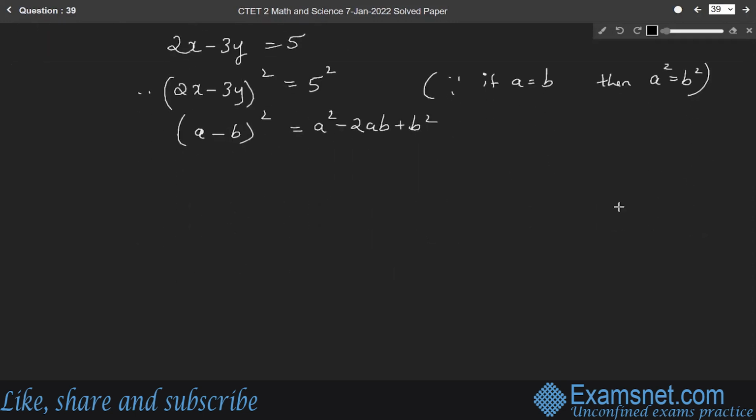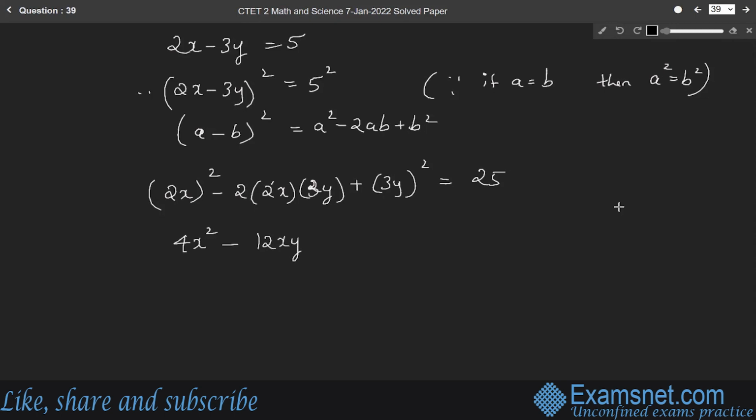So a square, 2x whole square, minus 2 times 2x into 3y plus b square, 3y whole square, equal to 5 square is 25. Right? So 2x whole square is 4x square minus 4 into 3, 12xy plus 9y square is equal to 25.